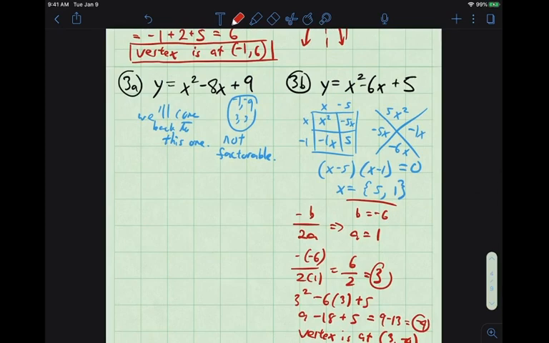And for this problem, the most we can figure out is the vertex, and then we'll try to sketch out some other things.